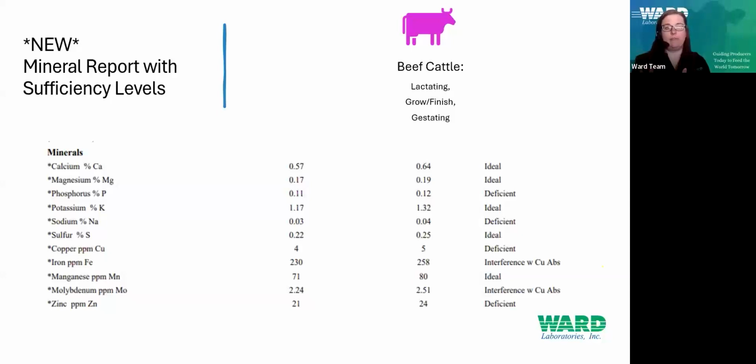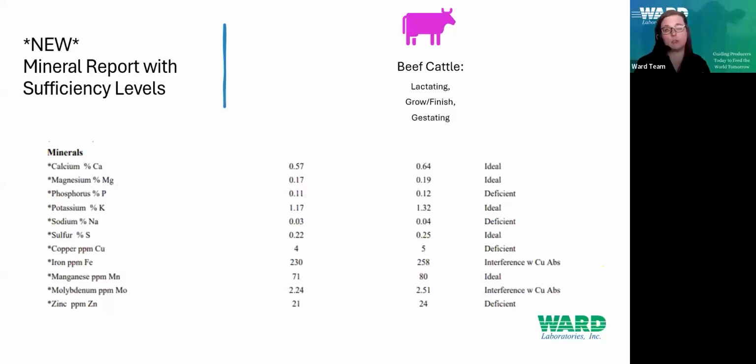But then it'll tell you if you're in the ideal range, if you're deficient, if you're above the maximum tolerable level, or if you have, with iron, molybdenum, and sulfur, do you have potential to be interfering with copper? So this can just help you to make some better decisions when it comes to your mineral supplement because you'll know where you already are.